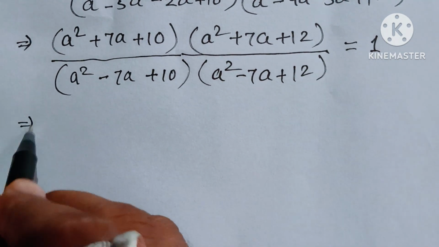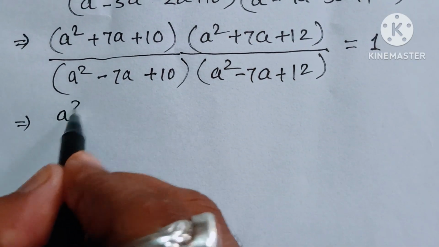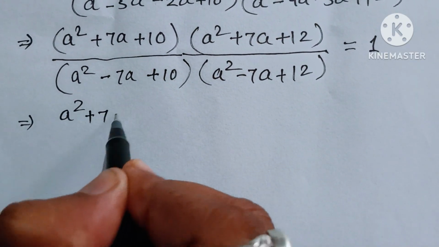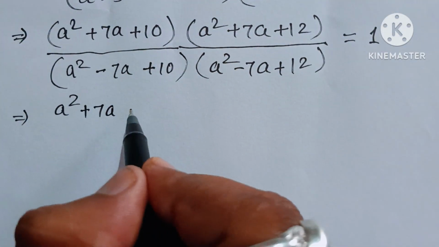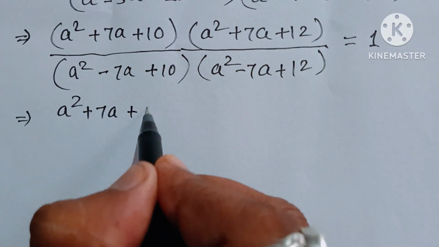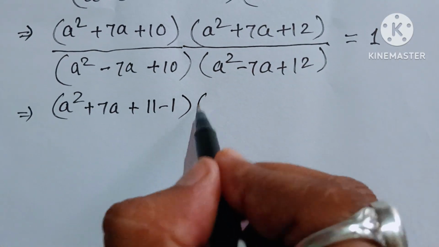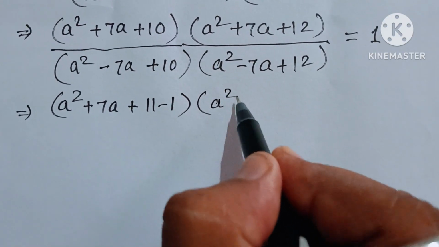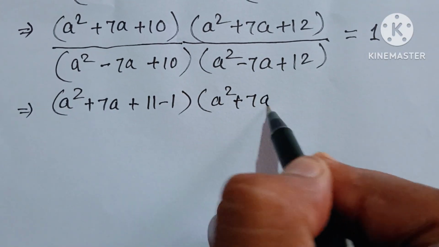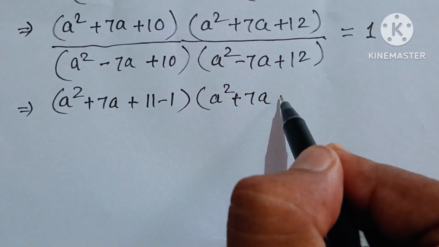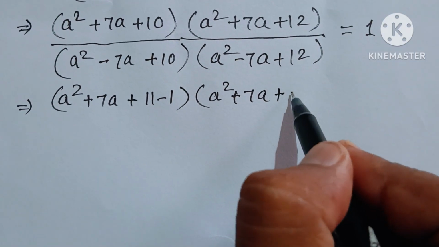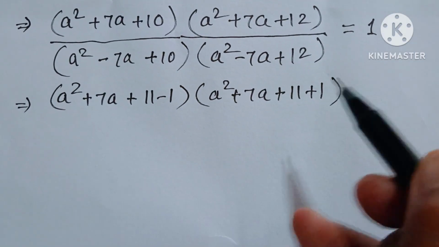Now this implies that we can write a square plus 7a, we can write 10 such that 11 minus 1. This we can write a square plus 7a plus 12, we can write 11 plus 1. Like that we can write.